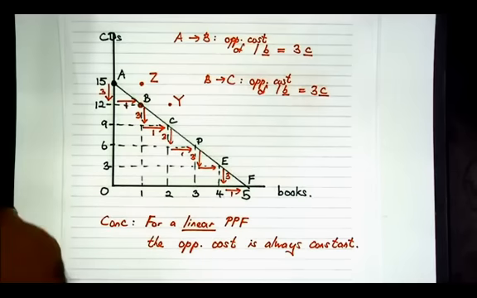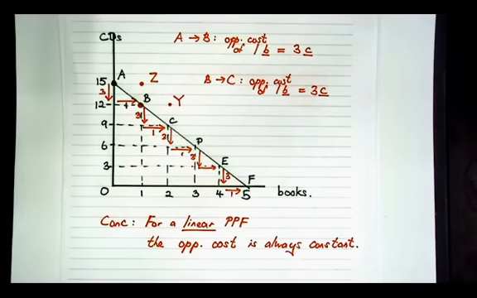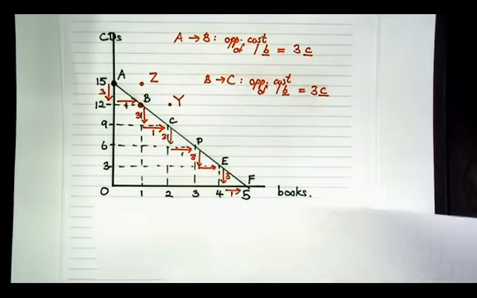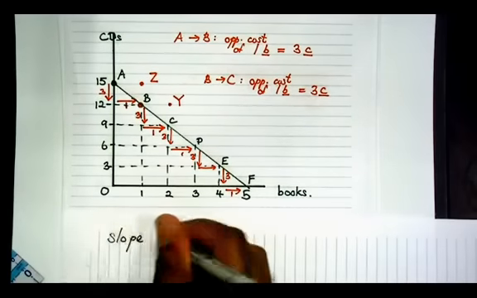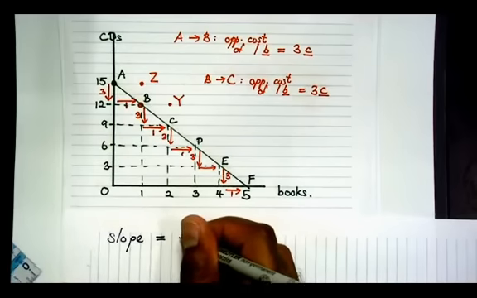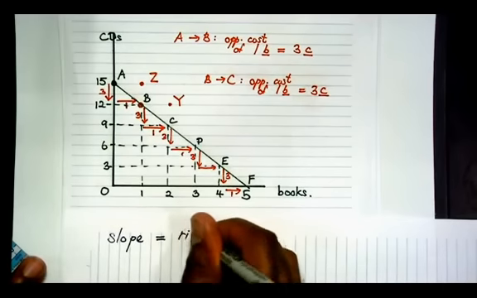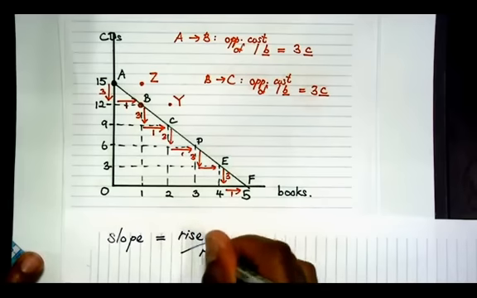Now, a tiny bit of maths. Do you remember slope from high school? How do you calculate slope? Slope is rise over run.